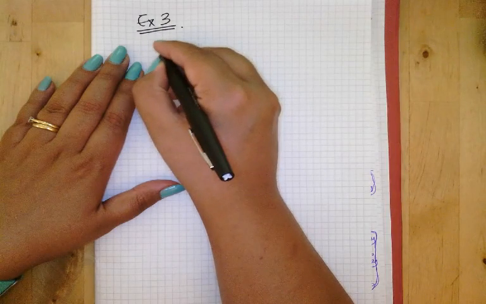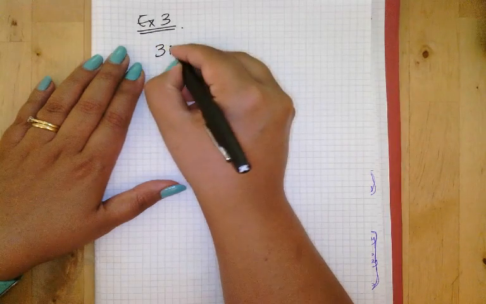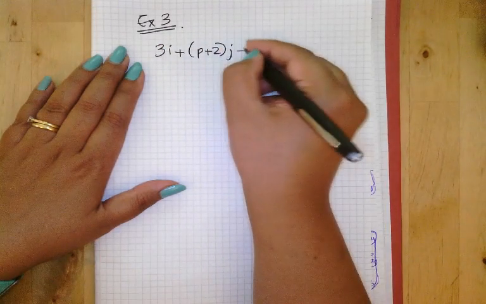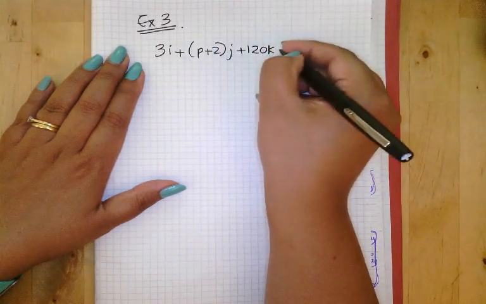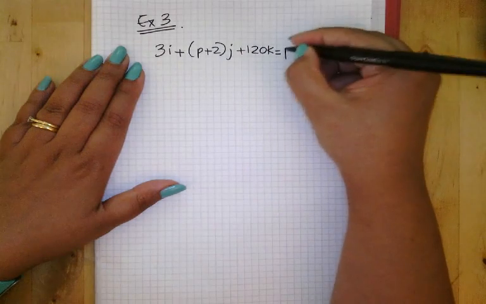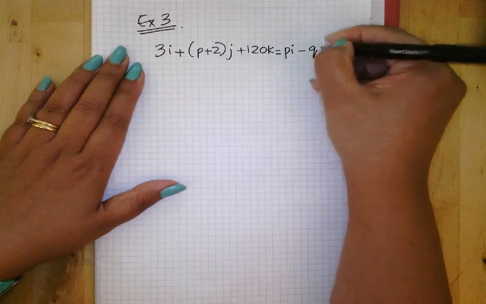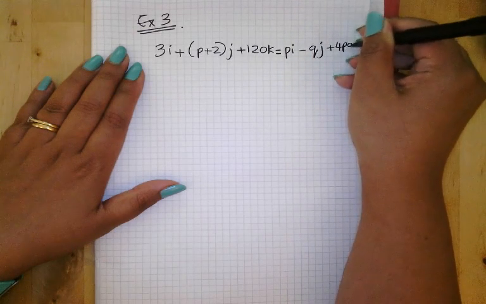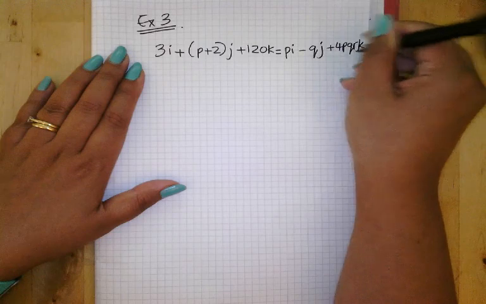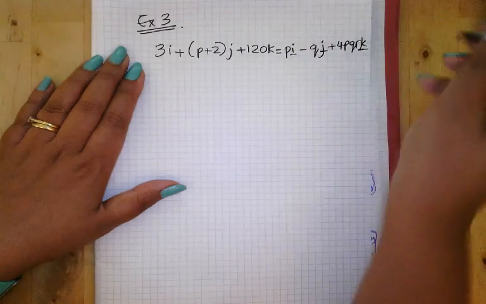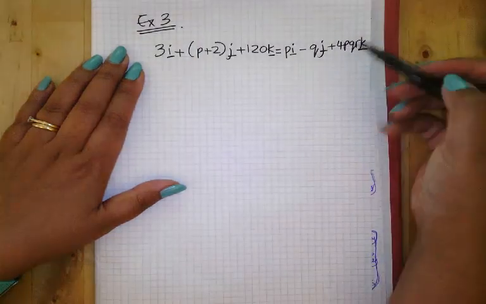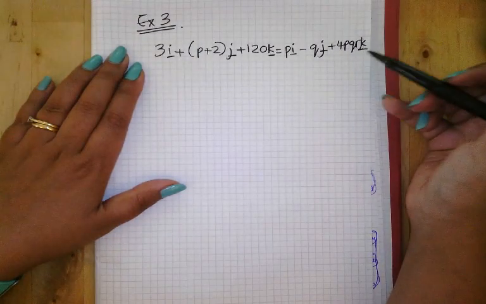Basically it says given that 3i plus (p plus 2)j plus 120k is equal to pi minus qj plus 4pqrk. Note that i, j and k are all vector quantities, so I'm just going to underline them to differentiate them from p, q, r.